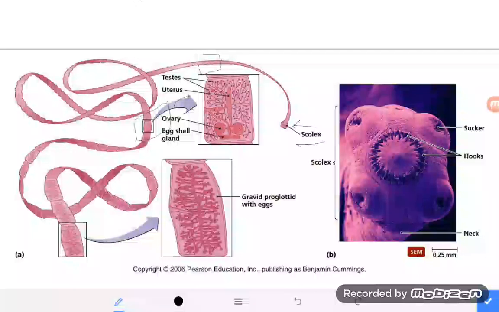Then at the end of this ribbon, this is the anterior part. At the posterior part we can see the gravid proglottids, right? This is the magnified one. So you can see here the gravid proglottids filled with eggs, and we can see the uterine branches, right?